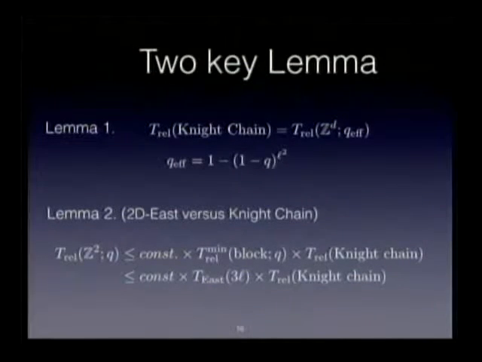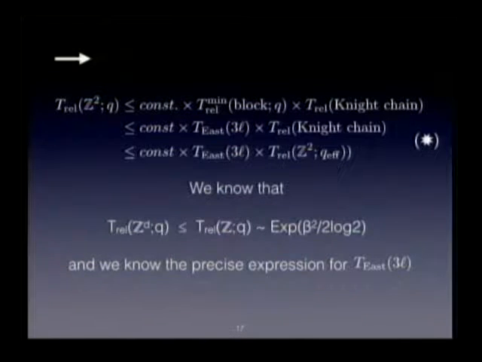So this Knight chain is the original one, but with a different q. Okay? So you end up proving that the relaxation time with parameter q is bounded by the relaxation time with this effective q. Okay? But the same quantity, so with just a new q. And then there is this quantity here.